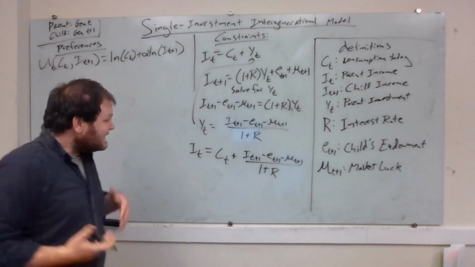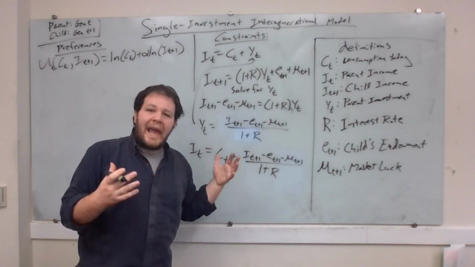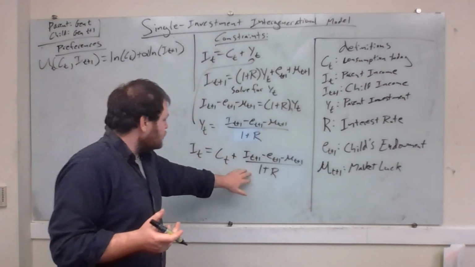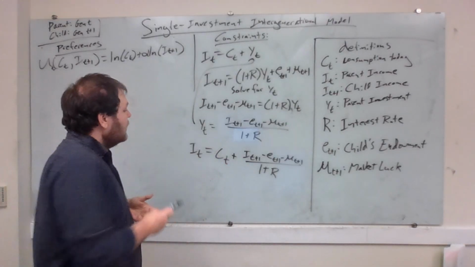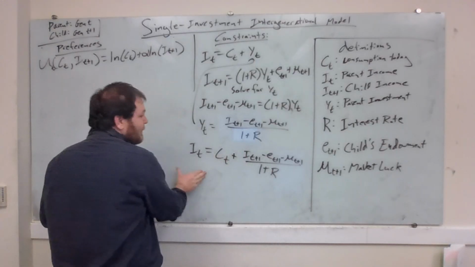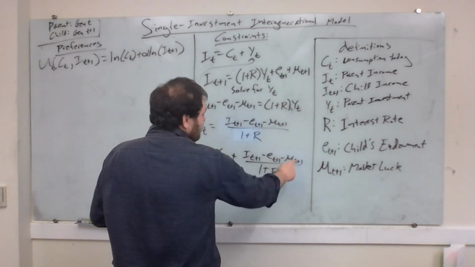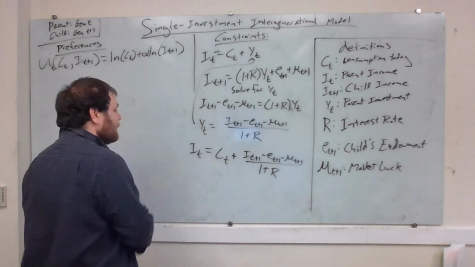And then, this is a budget constraint, but it's ugly and I hate it. So I'm going to turn this into a more standard looking budget constraint, where we're going to have our goods on one side and our income on the other, by adding et plus 1 plus mu t plus 1 over 1 plus r to both sides.